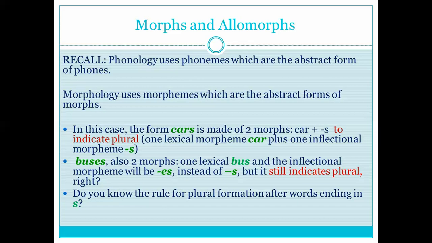So a little comparison for you from what we've discussed the past couple of weeks. We said phonology uses phonemes. Phonemes are abstract. Phonology studies abstract forms of phones. Phonemes, remember, have the slashes, where we can just break a word down, whereas the phones are the actual bracket representations of the sounds when we're trying to teach someone how it's pronounced.